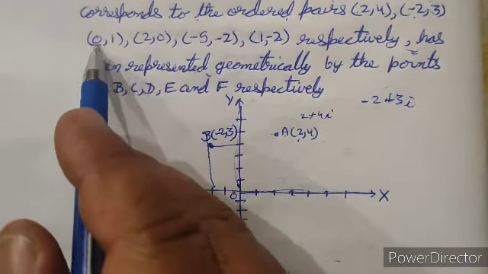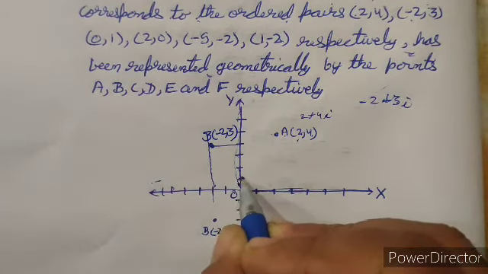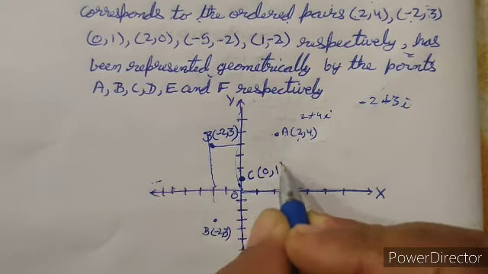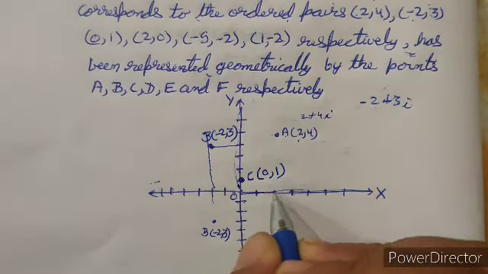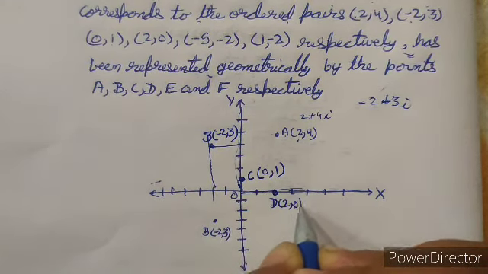Now point C is (0, 1), x is 0 and y is 1, so point C will be equal to (0, 1). Similarly (2, 0) will be on the x-axis, and this will be point D, (2, 0).